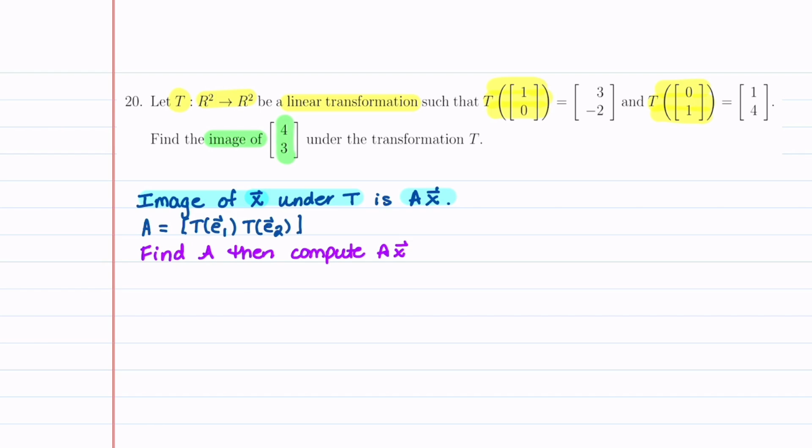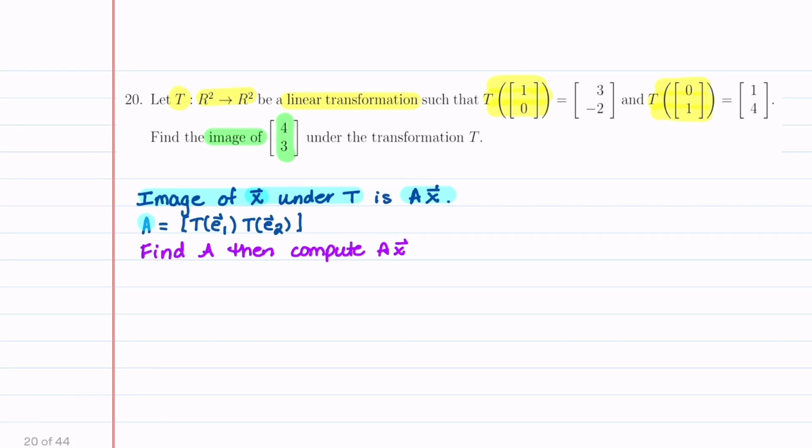A is our standard matrix, and A is defined as T of e1 and T of e2. Let me write down what e1 and e2 are. e1, because we're in R2, is going to be a 2 by 1 vector, and it's (1, 0). And then our e2 is equal to (0, 1).